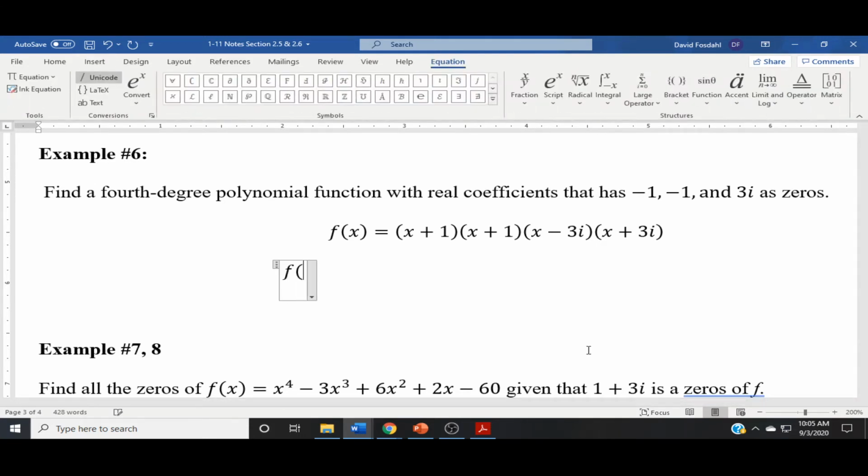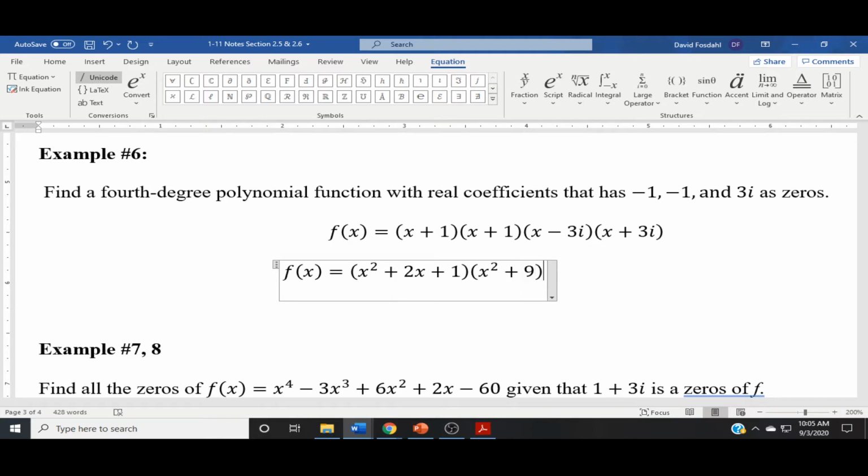Well, you're going to get f of x equals, first is going to be x squared plus 2x plus 1 times x squared plus 9, sorry.